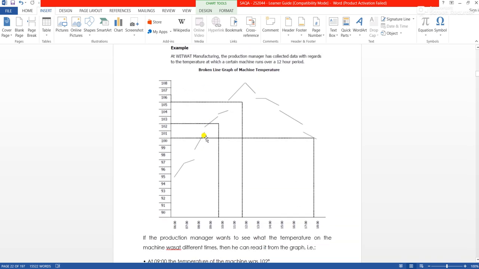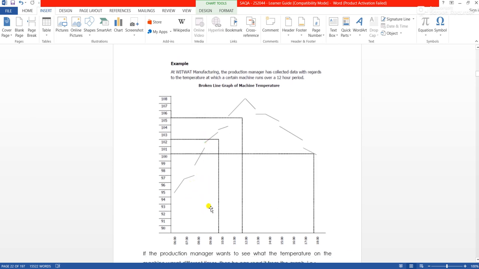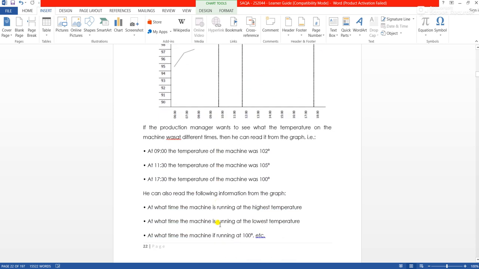So this is a representation of a line graph. Normally you would be given points to jot down, and you can just combine the points in order to do a line graph.